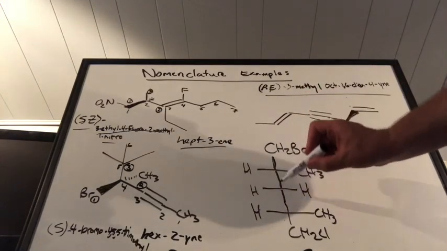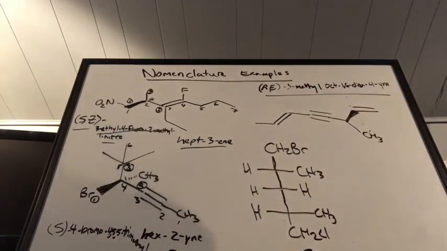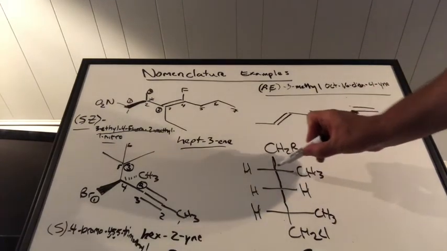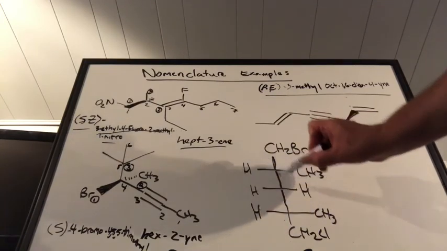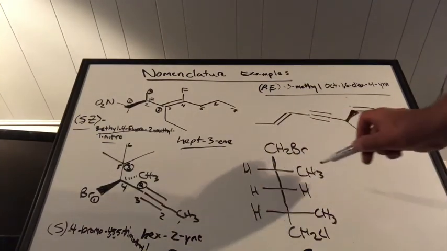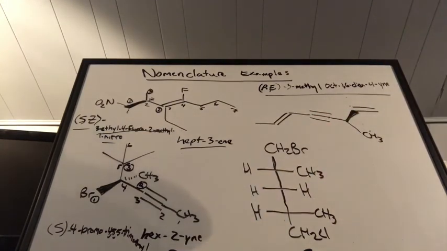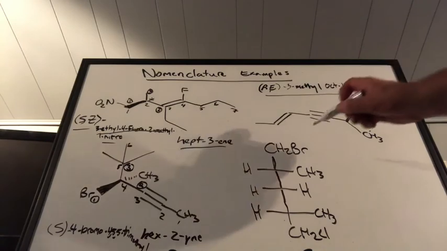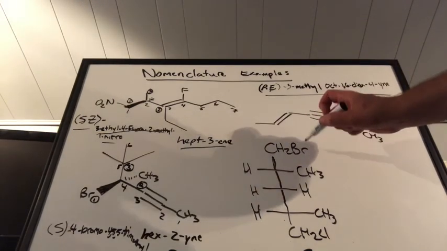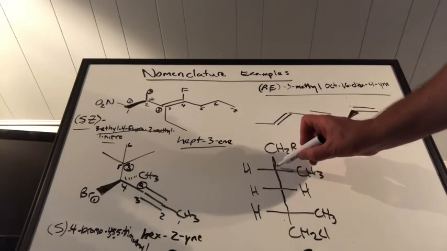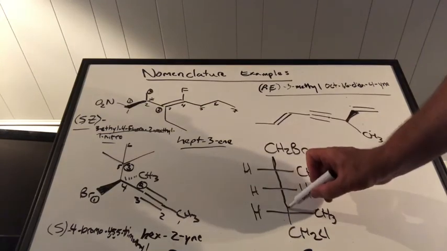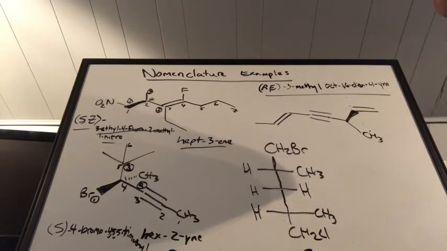But here's the thing: if we choose these as our main root chain, then we're going to have something at the 2 and 4 position, right?